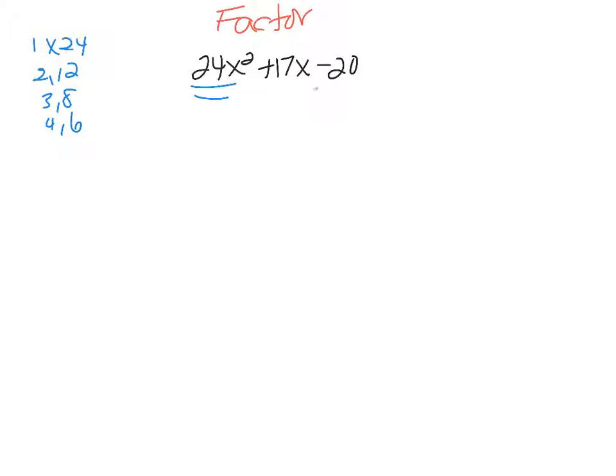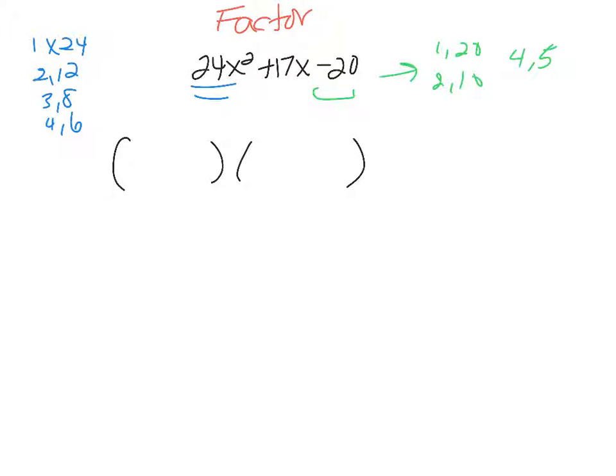For 20, or negative 20, however you want to see it, again there's a lot. 1 and 20, 2 and 10, 4 and 5. Now for this one, there's going to be way too many cases for us to write out totally.